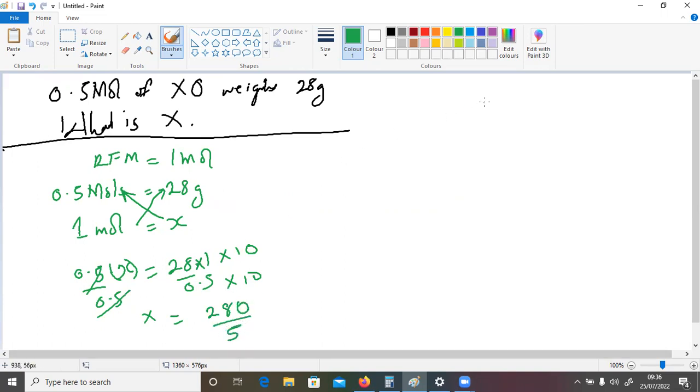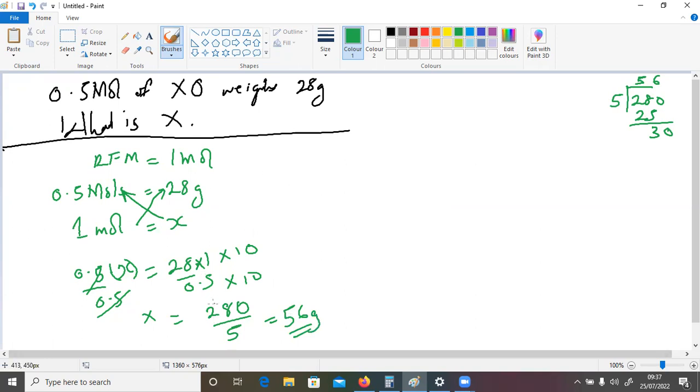You do long division on this one. 5 goes into 28 five times, and then 30. And how many times does 5 go into 30? Anyway, 56 grams. That is the mass of 1 mole.